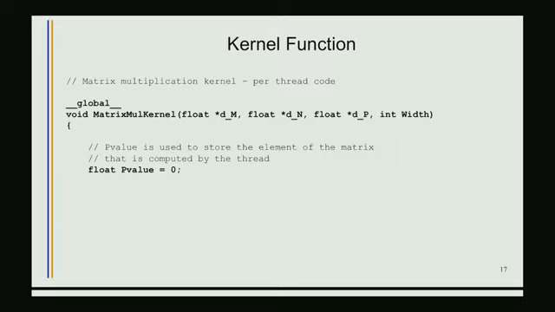Of course, I don't have the for loop for j, but what I do have are the thread index and the block index. And from those two values, I have to recreate row and column.